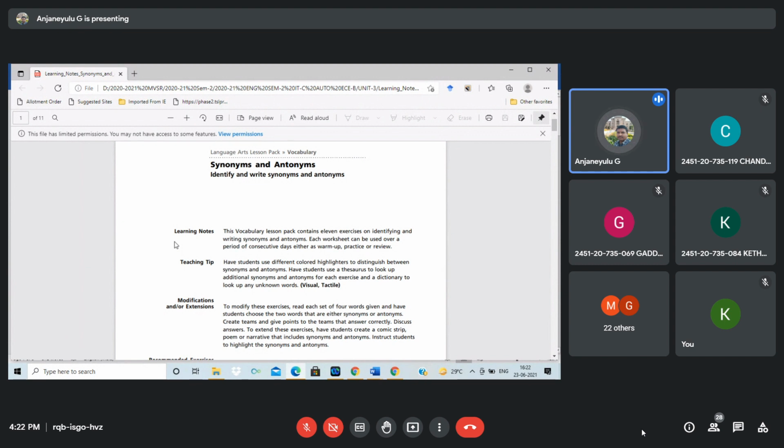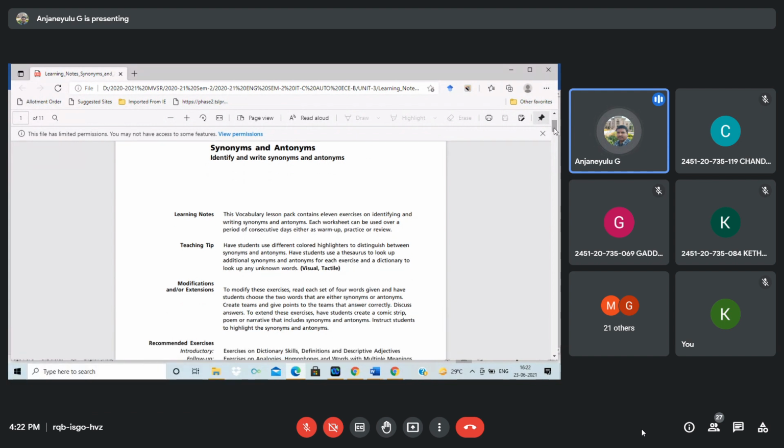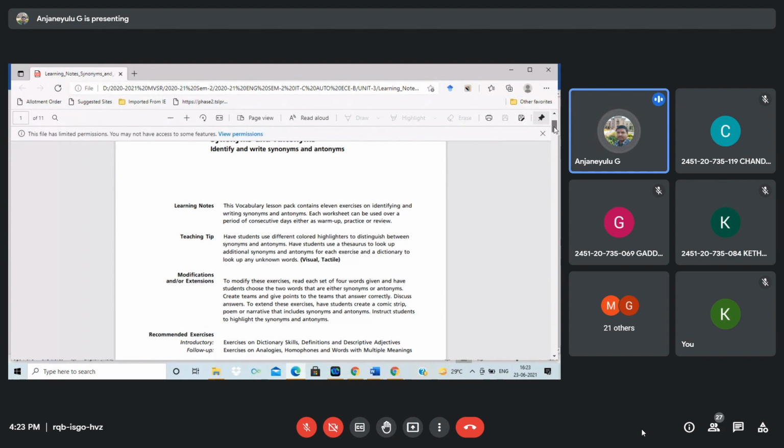It's all related to word power or vocabulary. Synonyms and antonyms are also very important when you are learning new words, so that you know how to remember this vocabulary while speaking and writing. That I'll try to discuss today.